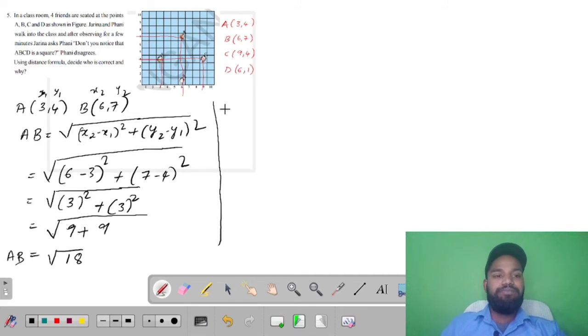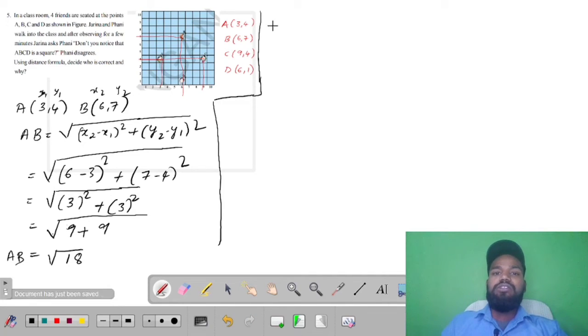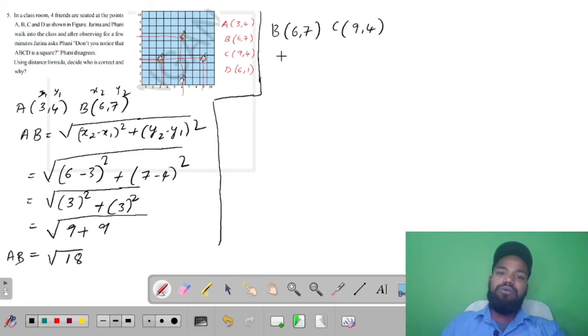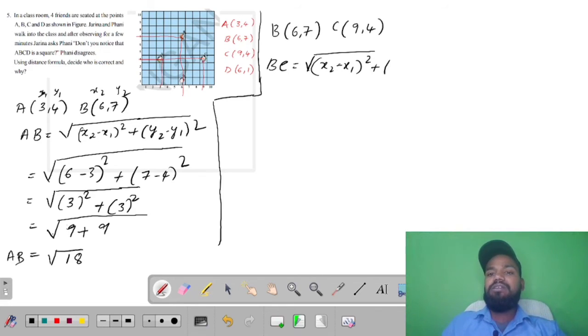Okay, next we are going to find BC. What is B value? (6, 7). What is C value? (9, 4). Now distance between BC equals the square root of (x2 minus x1) whole square plus (y2 minus y1) whole square.